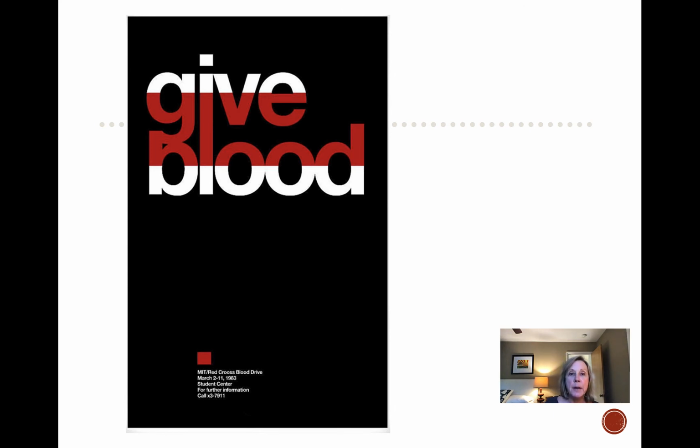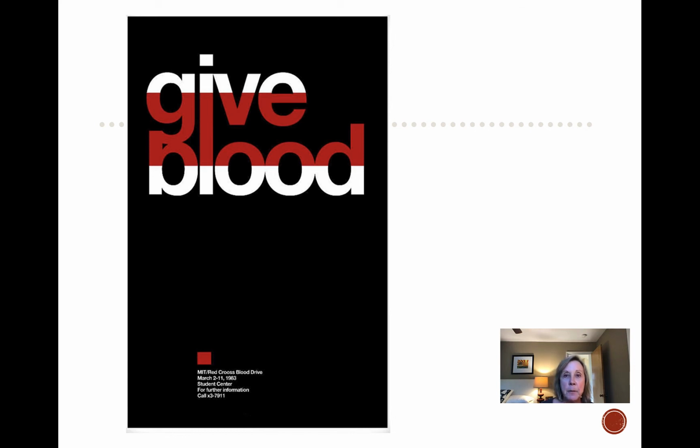So this Give Blood poster, first of all, think about it. It's type only. There's no image on here, but do you need an image? No. You could say to yourself, well, it looks like a command, right? It doesn't look very friendly. But it is a very effective representation of the message, Give Blood.